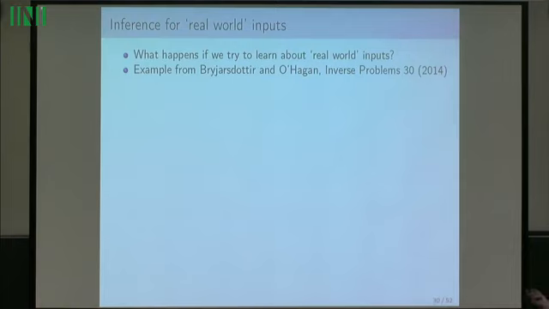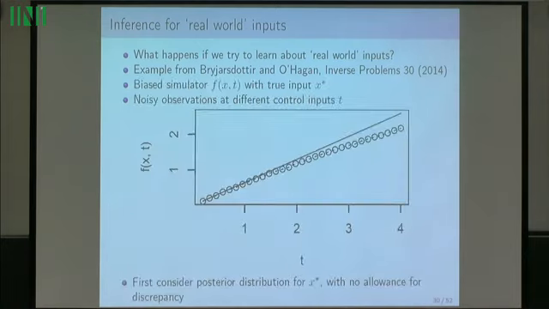So this is a paper by Brynjar and O'Hagan, and they were looking at the Kennedy and O'Hagan calibration model where you're trying to learn the true input. I didn't fully understand the intuition of the example from the paper, but the basic scenario is you've got a simulator that has a true input value. When you plug your true input value into your simulator, you get this straight line here.